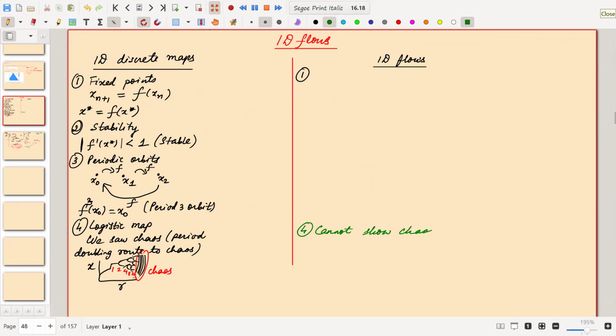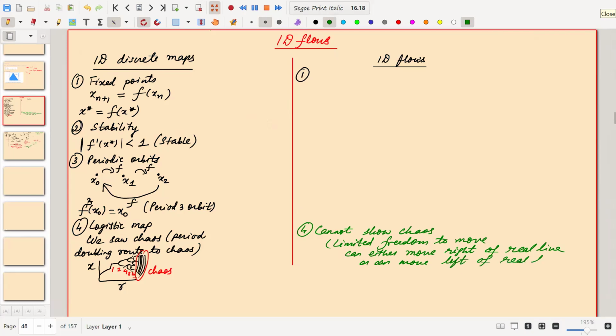Limited movement, limited freedom to move. That means it can either move right of the real line or can move left of the real line.